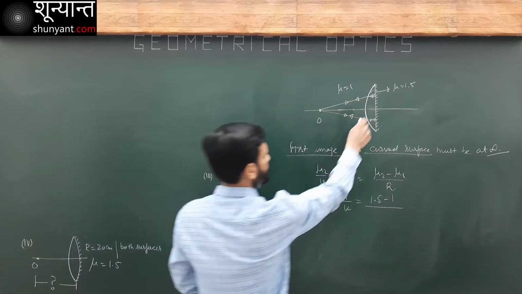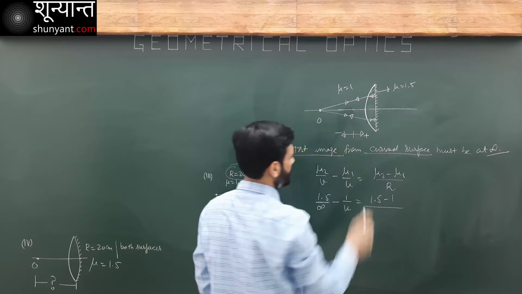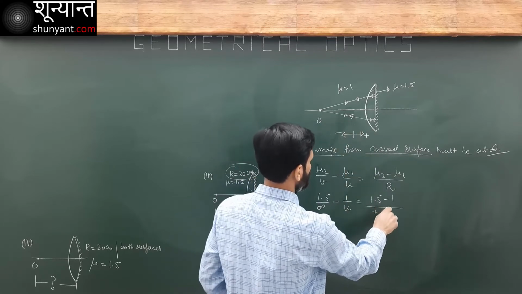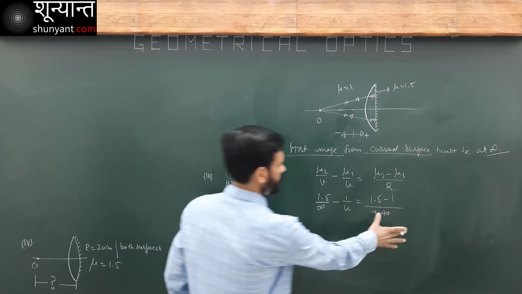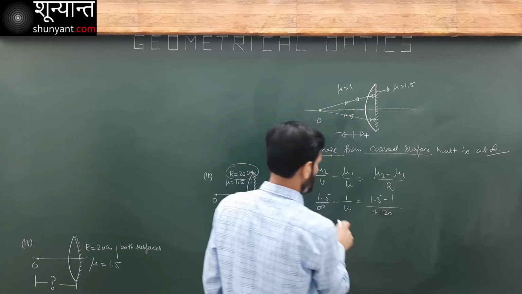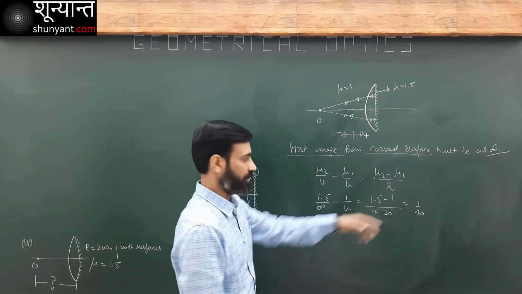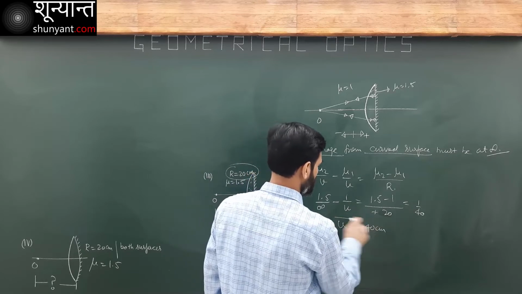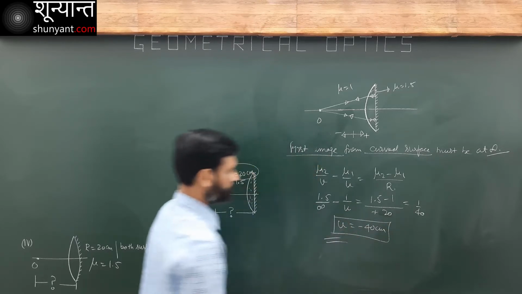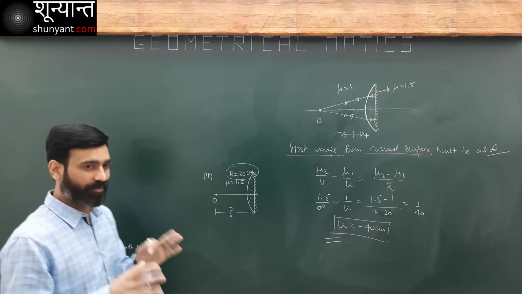It is positive for this surface, according to the sign convention. So this becomes 0.5 times 1 over 20, which is 1 over 40. So u becomes minus 40 centimeter.